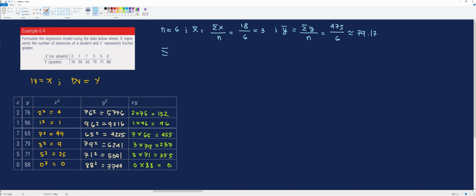Next, we identify the summation of x squared, which is equal to 4 plus 1 plus 49 plus 9 plus 25 plus 0. That is equal to 88.